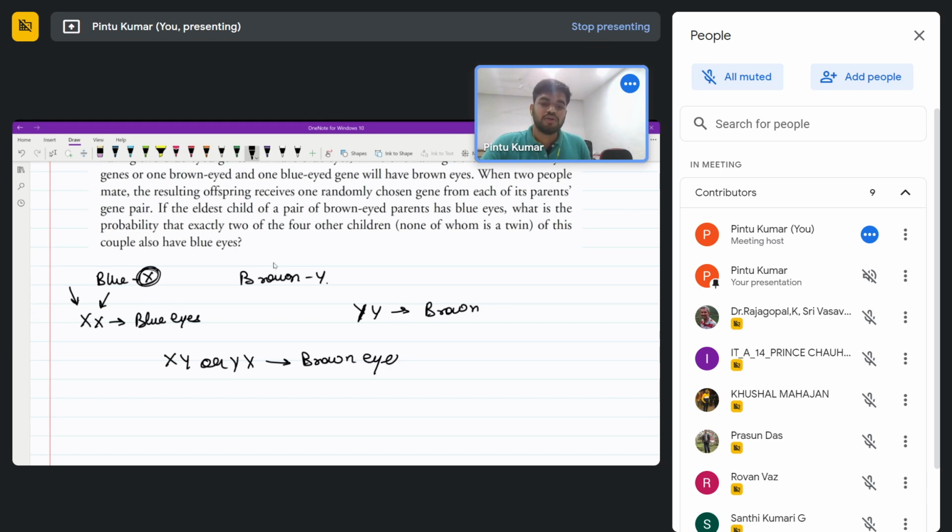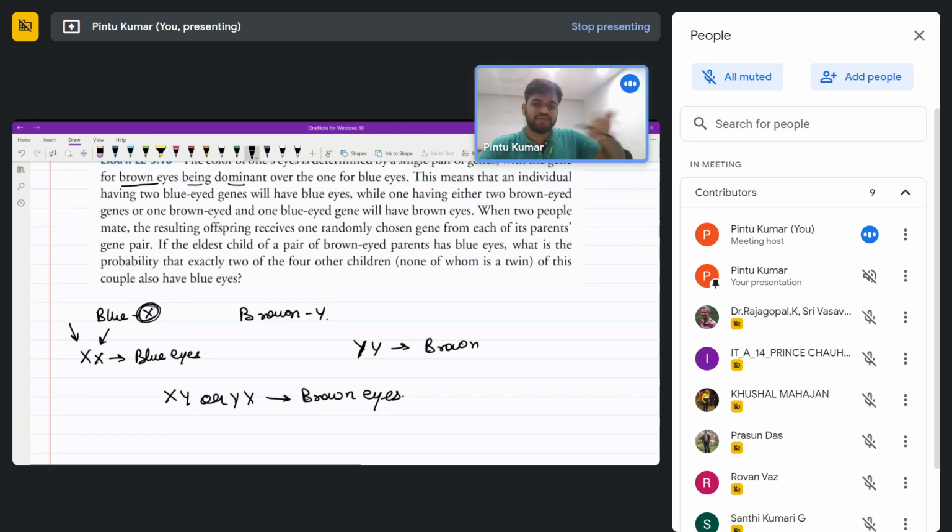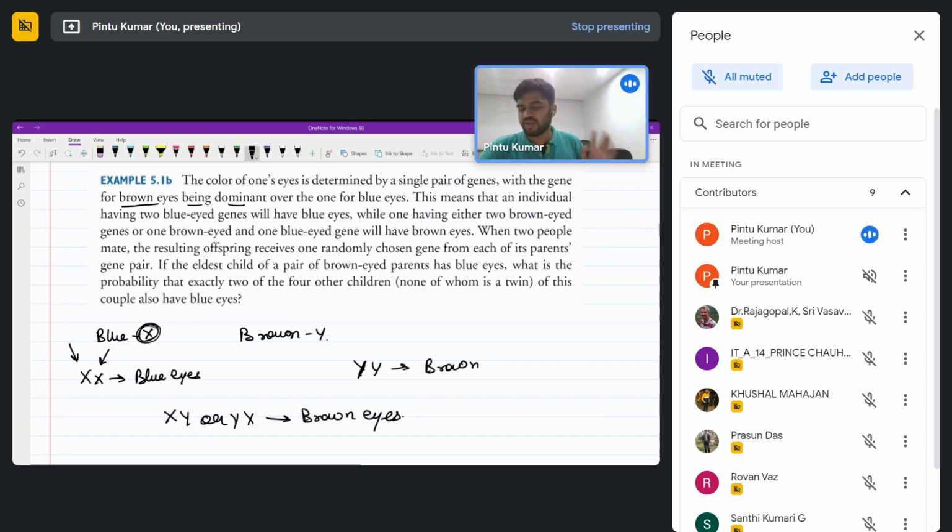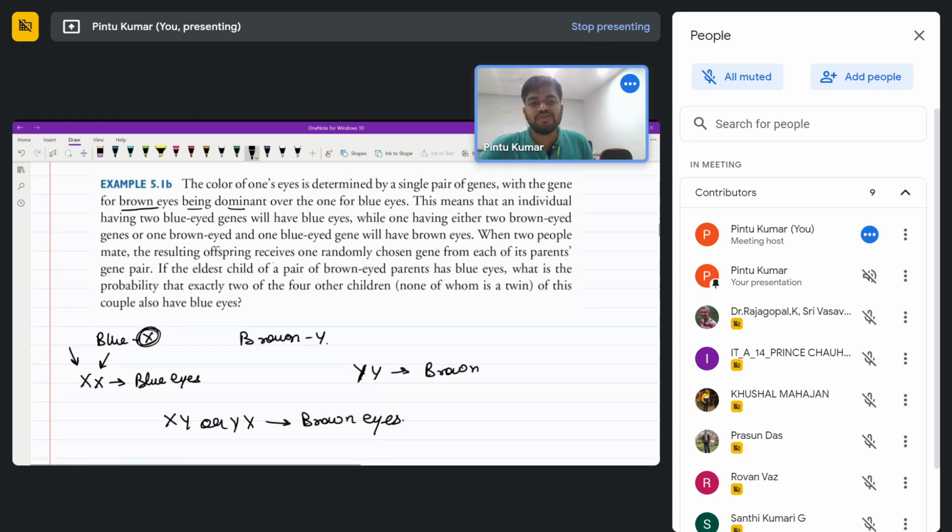I don't remember the name of the biologist, I think it's Mendel's cross. So this is what they are saying, that the color of eyes follows this kind of pattern.